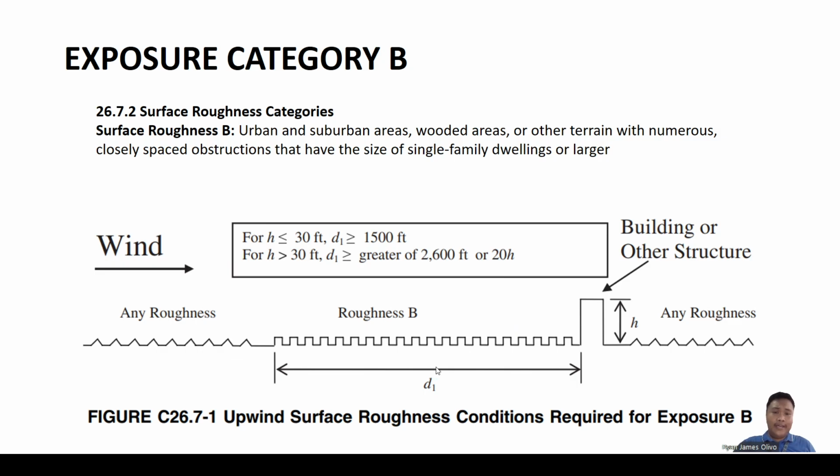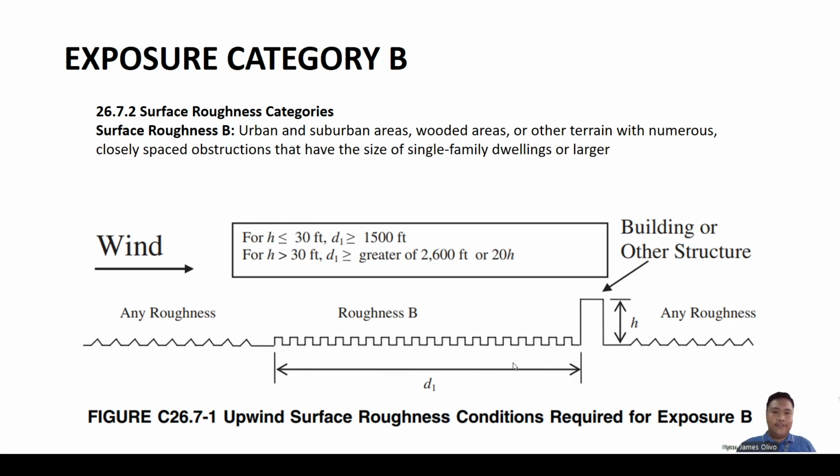So you may know that your design is within exposure category B if you satisfy these inequalities. So make sure before you consider exposure category B that between any roughness surface and your building, there is a roughness B. This roughness B is defined by having urban or suburban areas or any wooded areas, or terrains with numerous closely spaced obstructions like houses, buildings, or vegetation like trees.